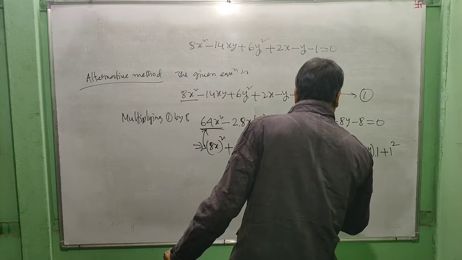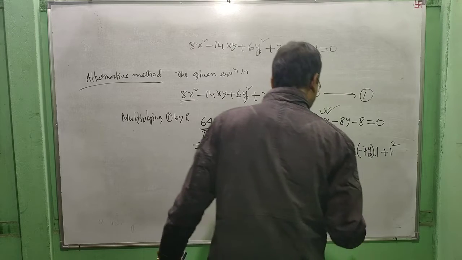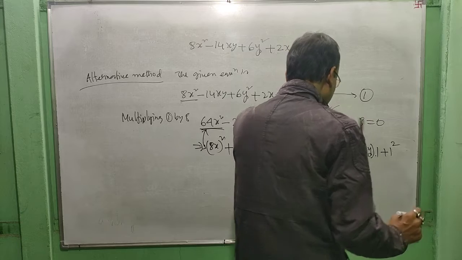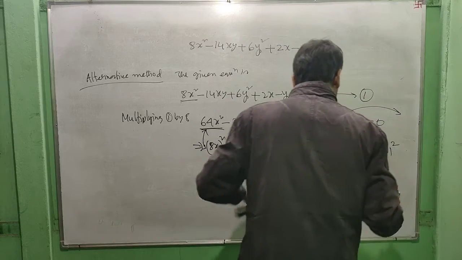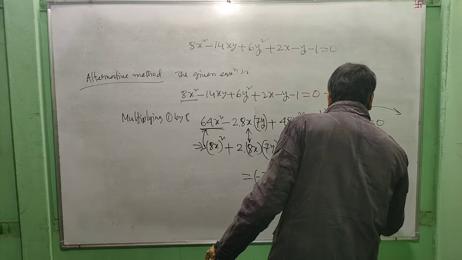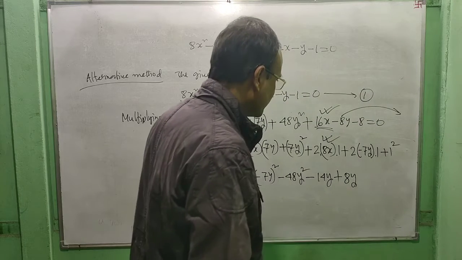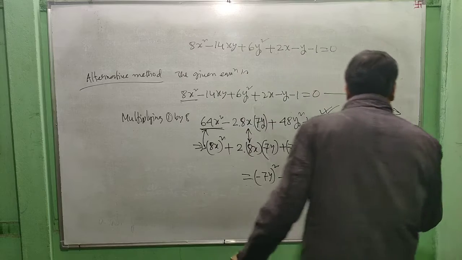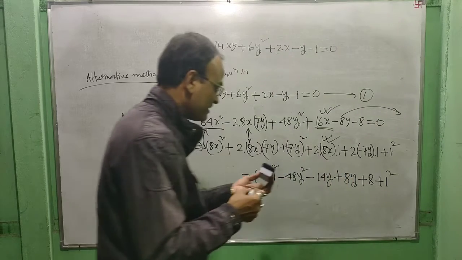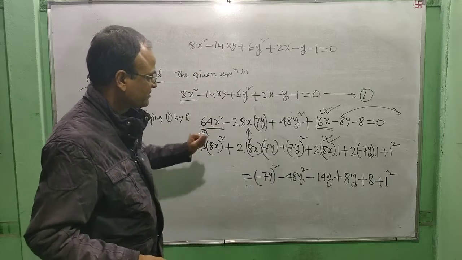Minus 14y. And 8y will have to be written here plus 8y. Plus 8 plus 1 square. Am I right? Just check it.